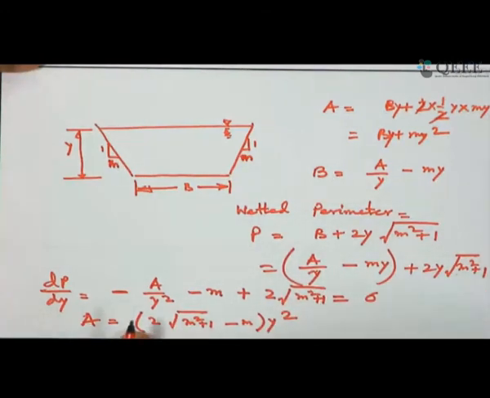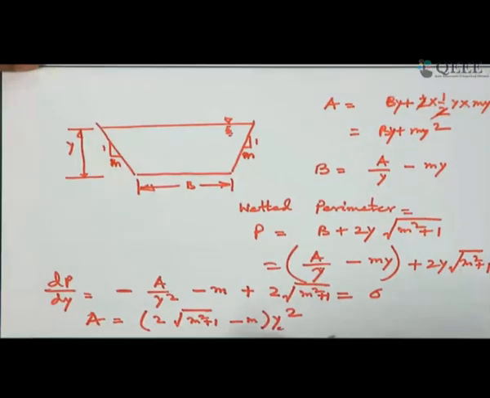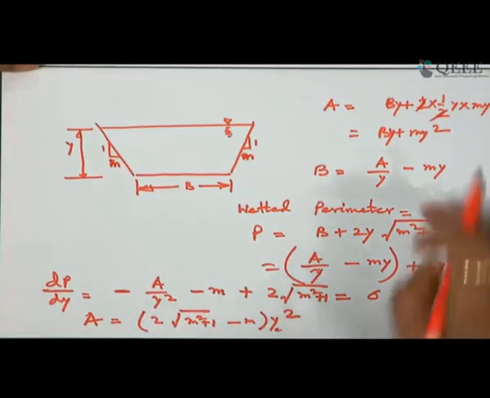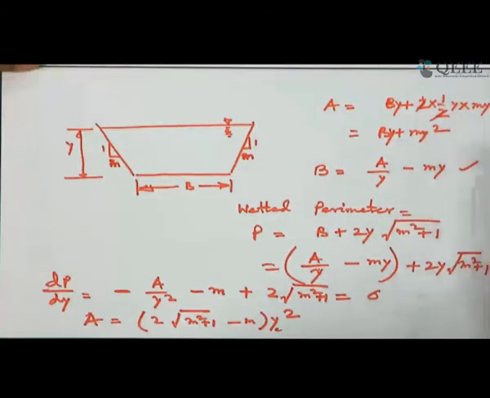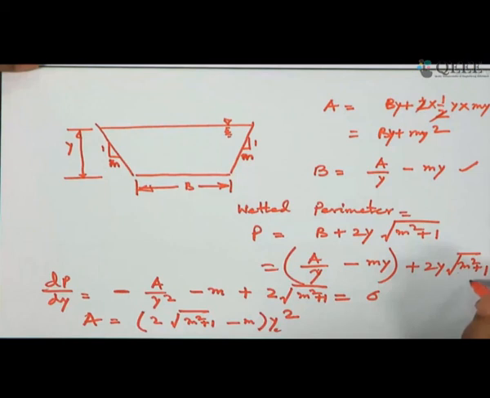If we substitute this efficient depth value y e in this equation, we can get the value of b, and using the same thing here, we can get the value of P.